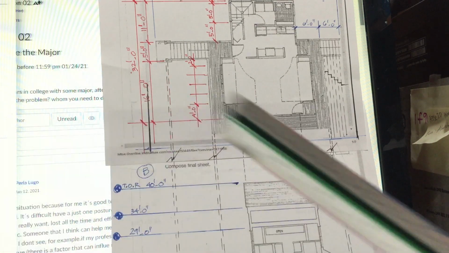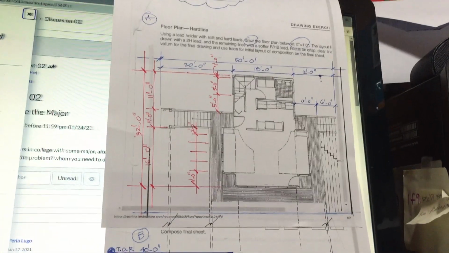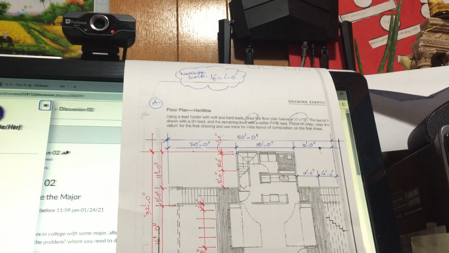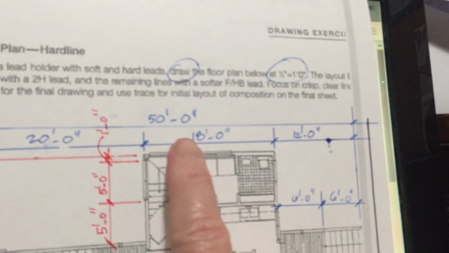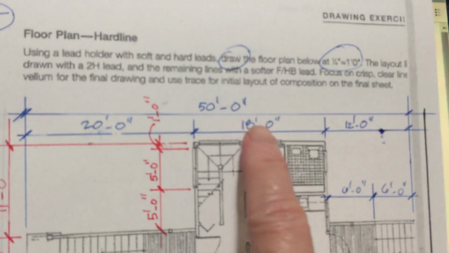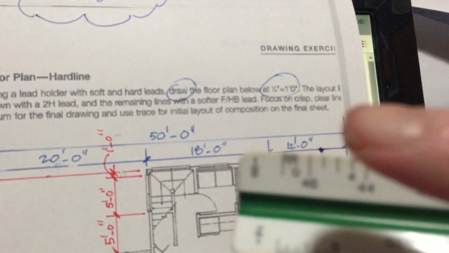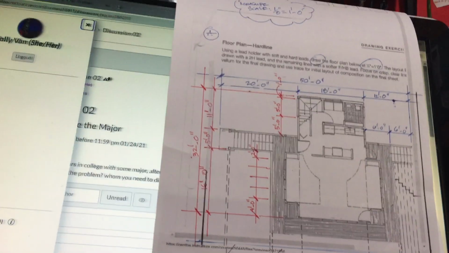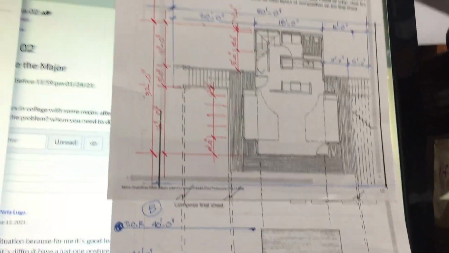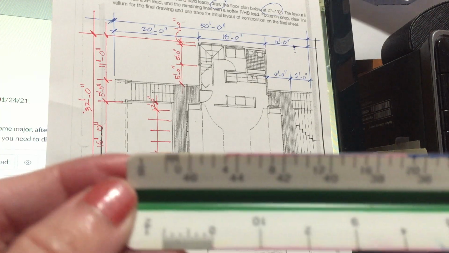Okay? So, for example, this is the floor plan. And the distance here in the house is 18 feet. You see that 18 feet? That means when I measure that, I use 1/8. And I measure, this is 1/8.